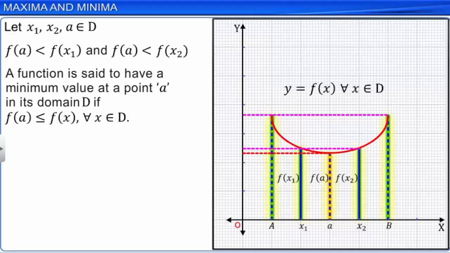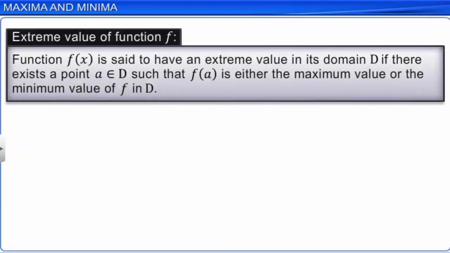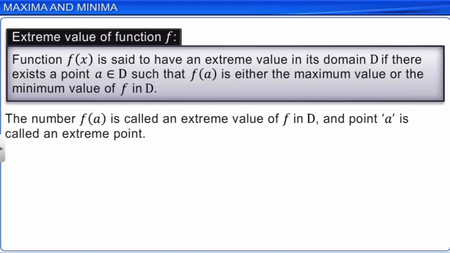The number f(A) is called the minimum value of f in D, and point A is called the point of minimum value of f in D. If a function f has either the maximum value or the minimum value at a point A in its domain, then f is said to have an extreme value at that point. In such cases, the number f(A) is called an extreme value of f in D, and point A is called an extreme point.